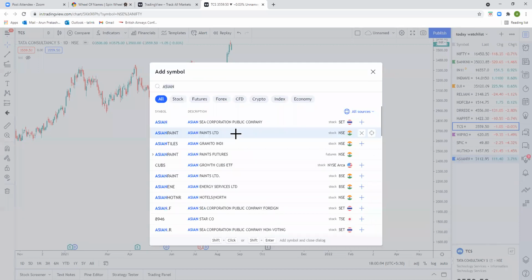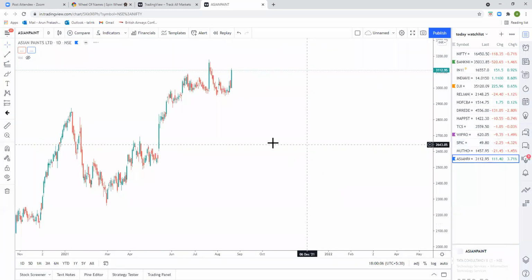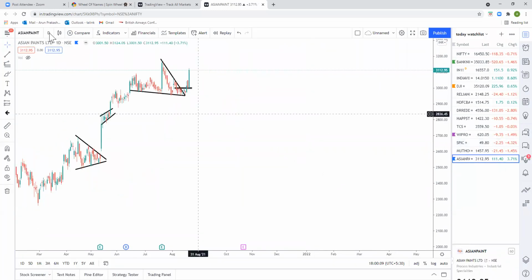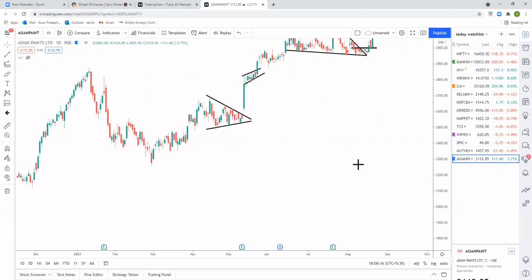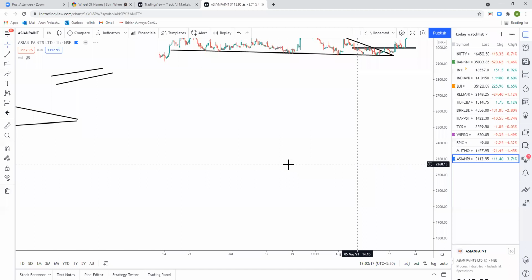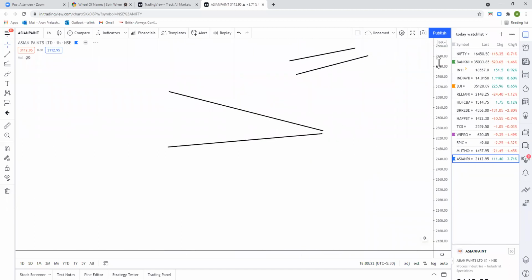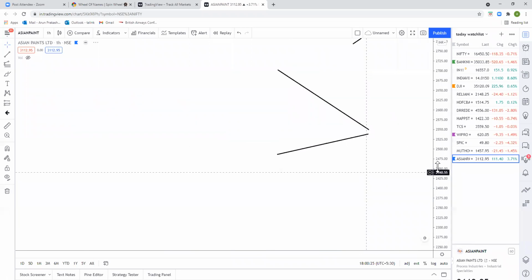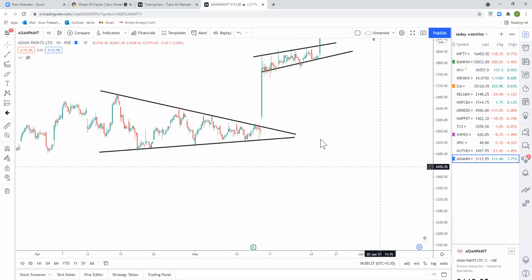Because I have faced a lot of mistakes while trading symmetrical triangles. Okay. So this is a symmetrical triangle. Okay. So what is your question here?